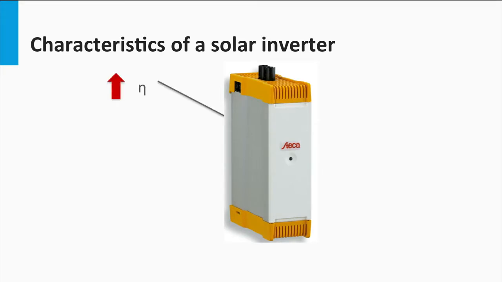As every power processing step expends power itself, the solar inverters are expected to be as efficient as possible. This is because we wish to deliver maximum PV generated power to the load or the grid. Typical efficiencies are in the range of more than 95% at rated conditions.